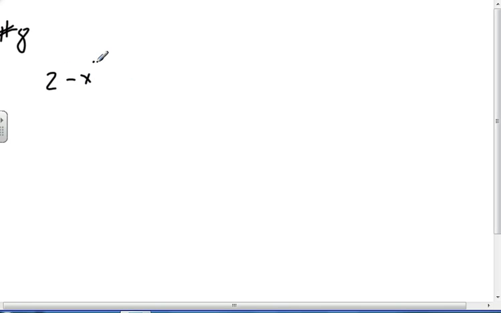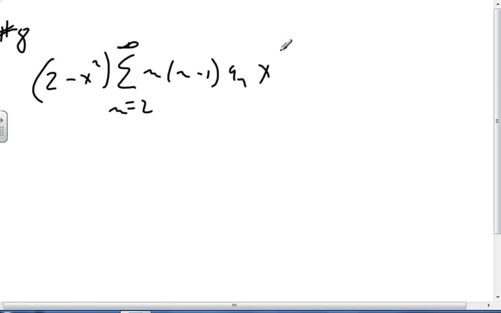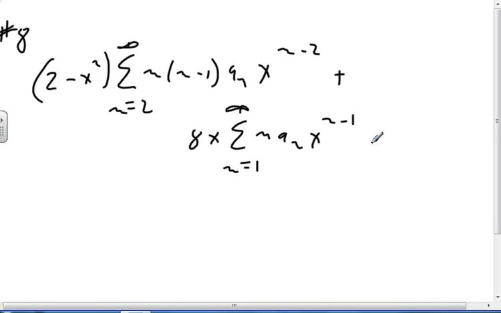2 minus x squared, summation 2 to infinity n minus 1 an x to the n minus 2, plus 8x summation 1 to infinity n x to the n minus 1, plus 12 summation 0 to infinity an x to the n is 0.